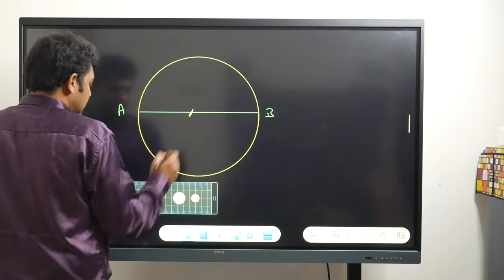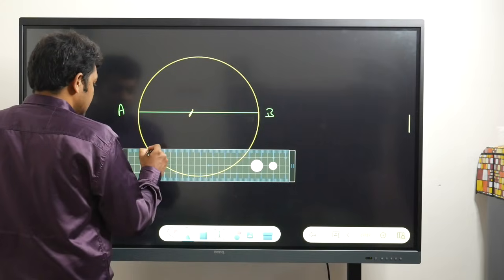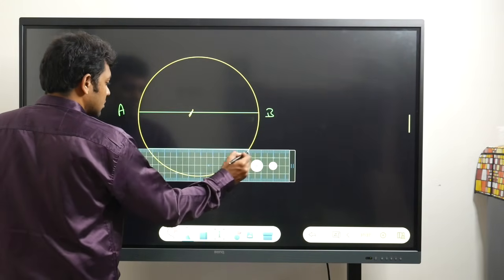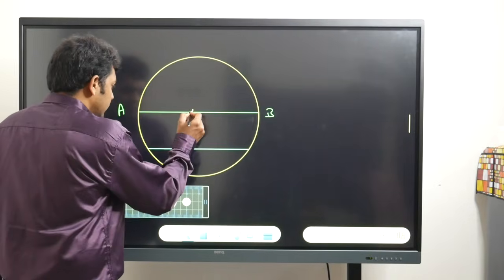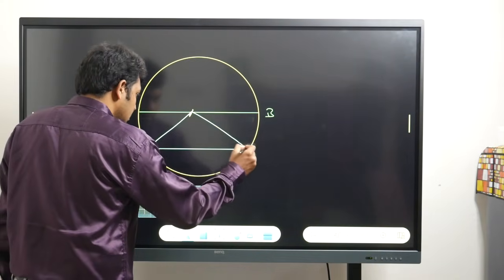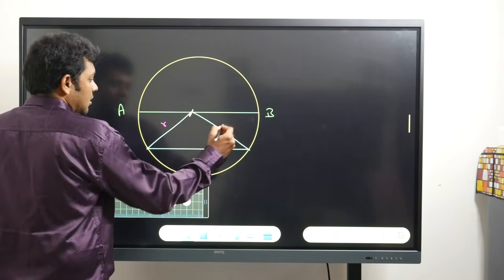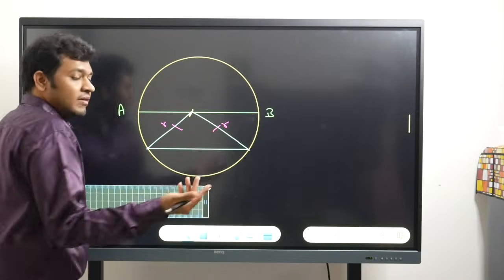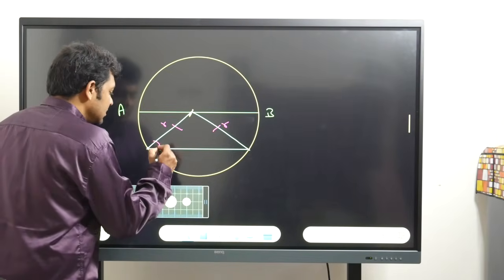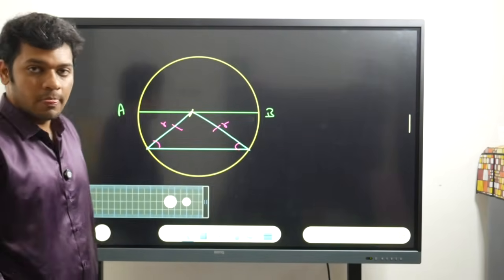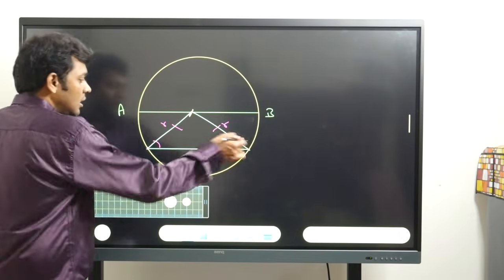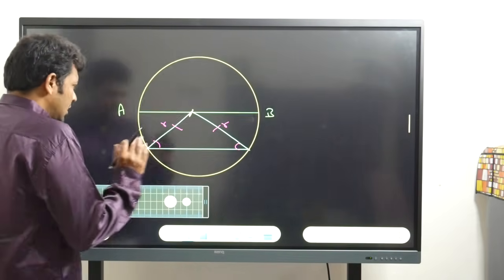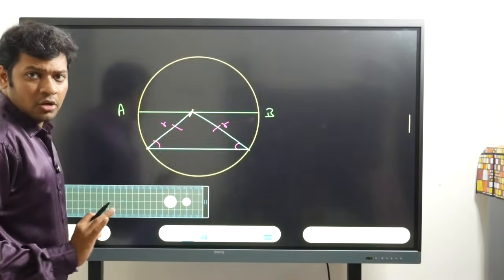So if this is the center, this is also a chord. This is not the diameter, but it's a chord. This is my radius, R. The radii are always equal, so if we join the center to the chord's ends, it will be an isosceles triangle, and therefore the angles are equal.